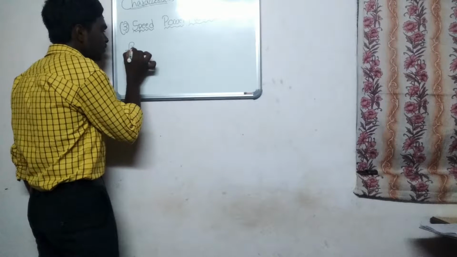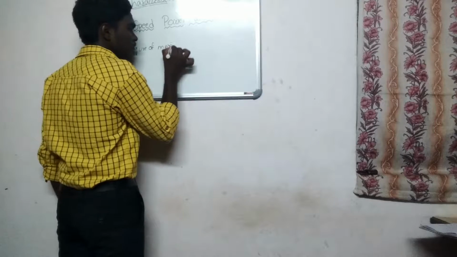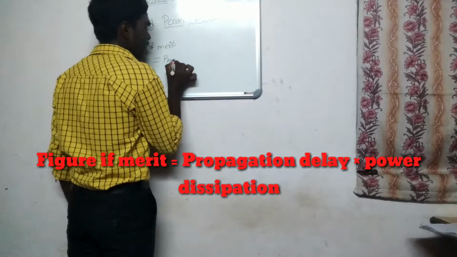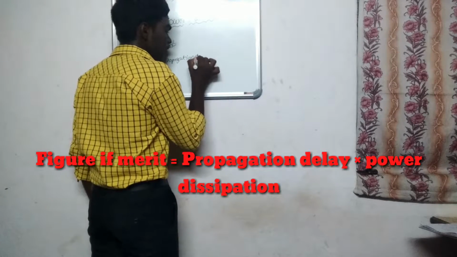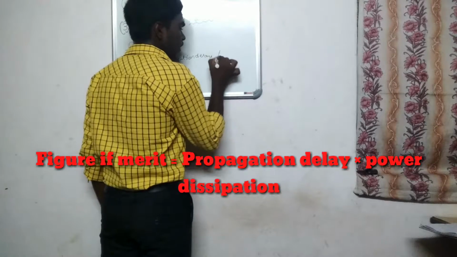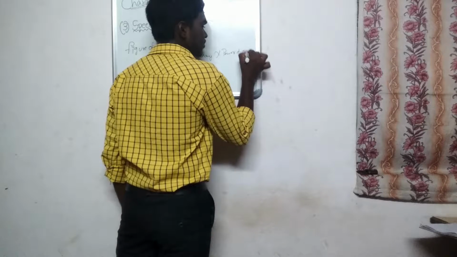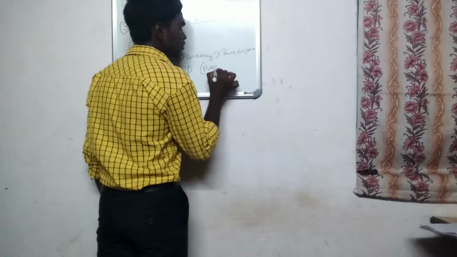The formula for figure of merit is: figure of merit is equal to propagation delay into power dissipation, that is equal to Tp into Pd in picojoules.